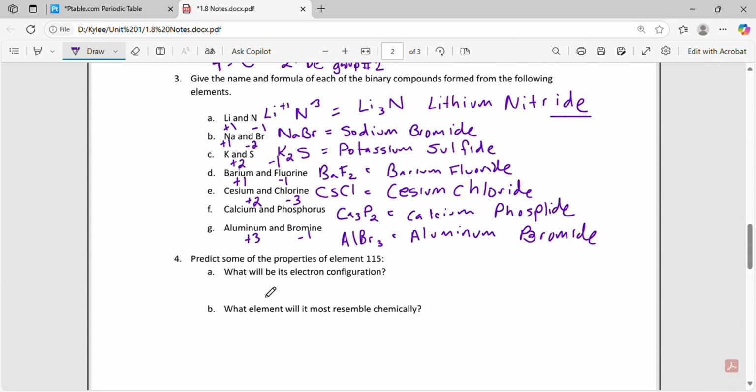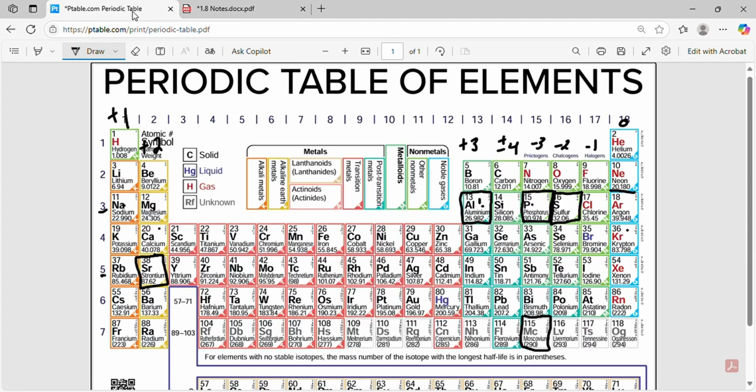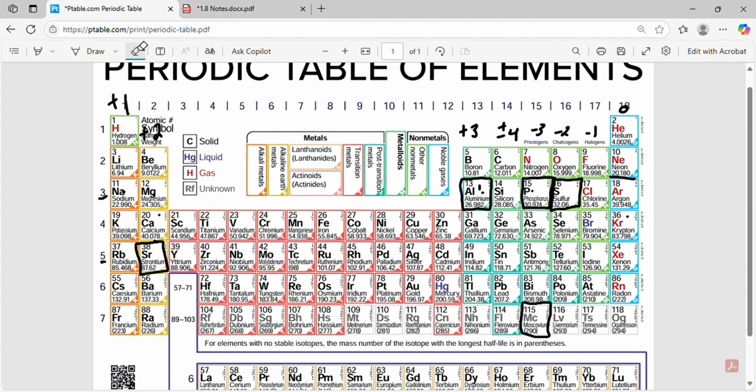And I'm going to just focus on the ending part, because the ending part is going to show me my valence electrons. And we can do it as a noble gas configuration. So noble gas, the closest without going over, is going to be 86.